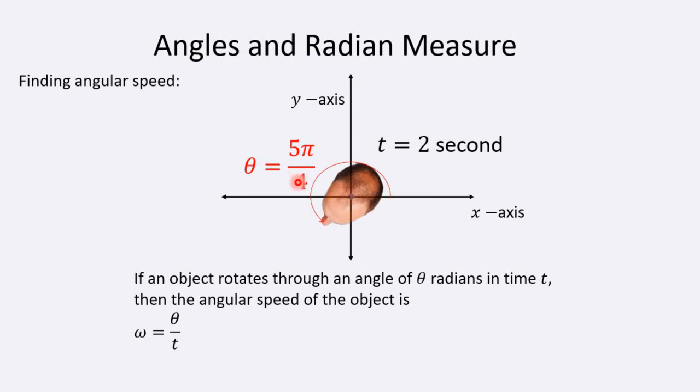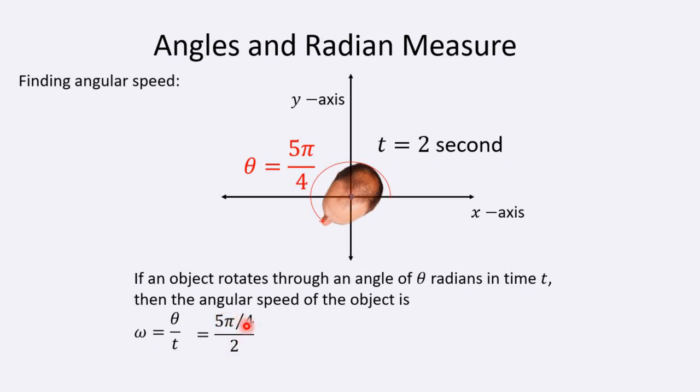So in order to get an angular speed, you simply take the angle and divide it by the time. So angular speed, omega, this symbol is omega, is equal to the angle over the time. In this case, since the angle is 5 pi over 4 and the time is 2 seconds, the angular speed here is 5 pi over 4 divided by 2.